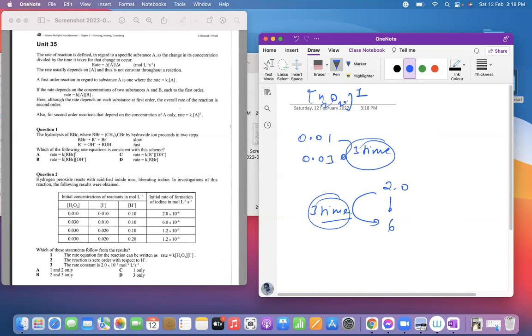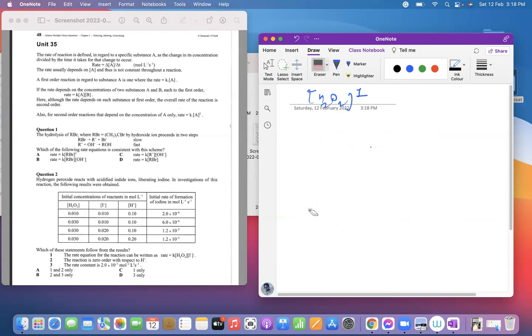Now we can check iodine negative. So for iodine negative, keep H2O2 constant as well as hydrogen. H2O2 is constant, yes, we have the value. Iodine minus goes from 0.01 to 0.02, and H2O2 is constant at 0.03 and 0.03.